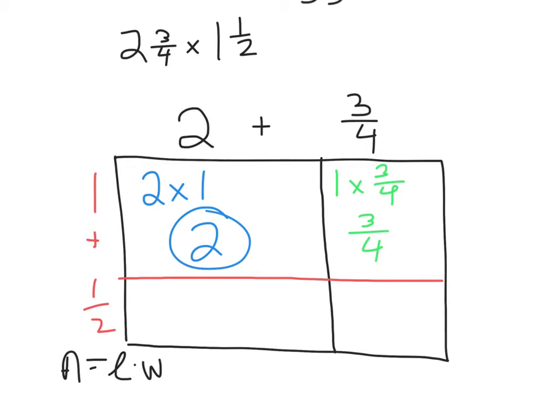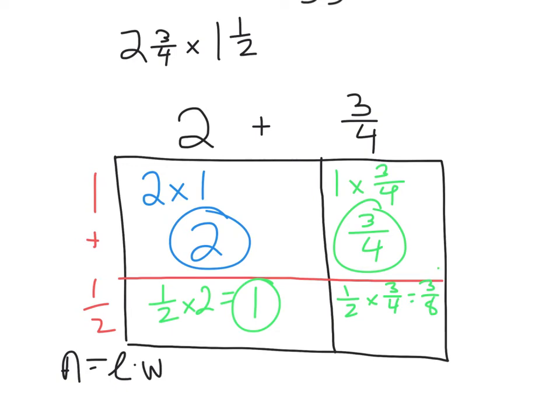If I move down, I can see that I have 1/2 times 2, and 1/2 of 2 is just 1. And then in this lower right hand corner, I'm going to have 1/2 times 3/4. And we can just use our procedure that we use for multiplying fractions and multiply across, and this becomes 3/8.